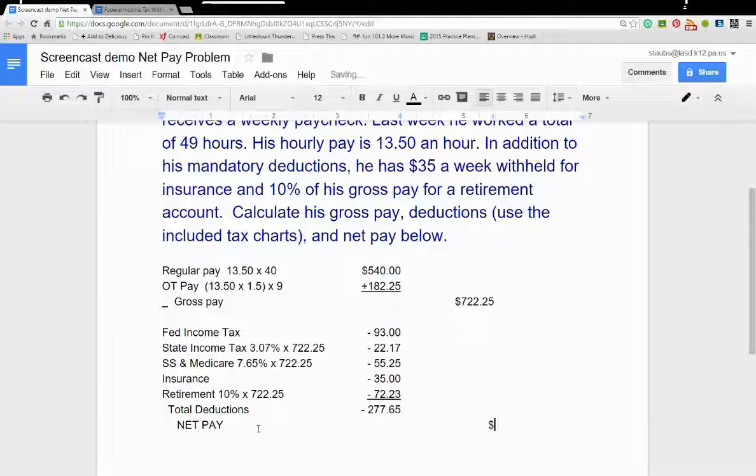And that number comes out to $722.25 minus the $277.65, $444.60 is Troy's net pay. He earned $722.25. However, his take-home pay is $444.60. That is how you calculate net pay.